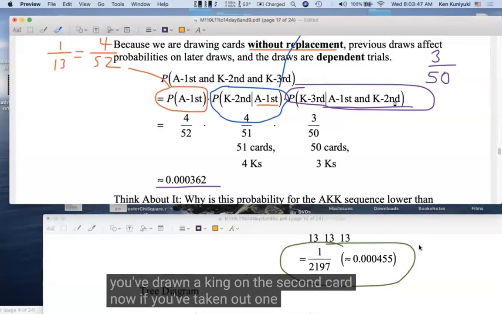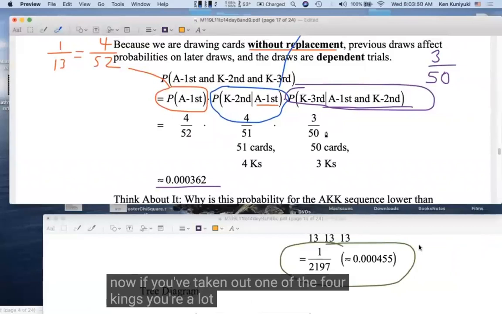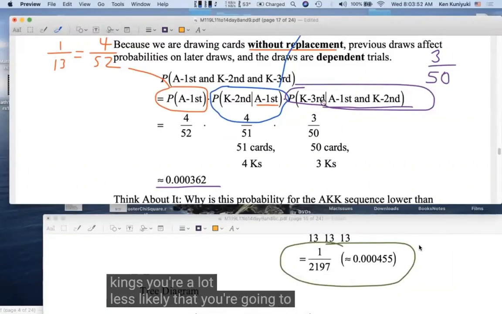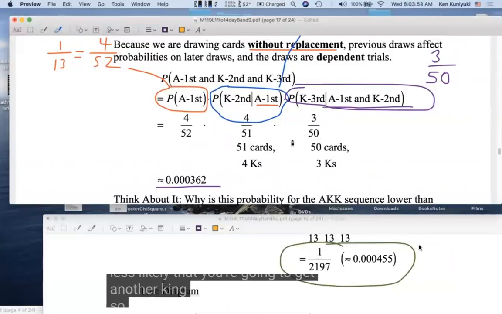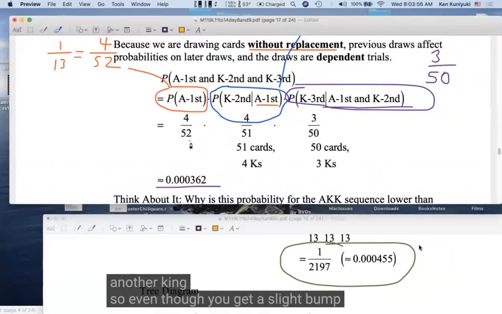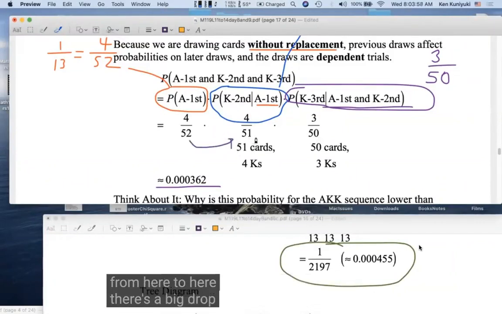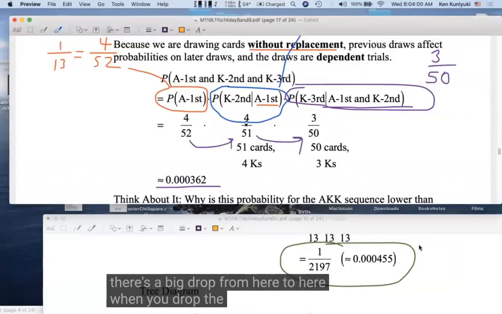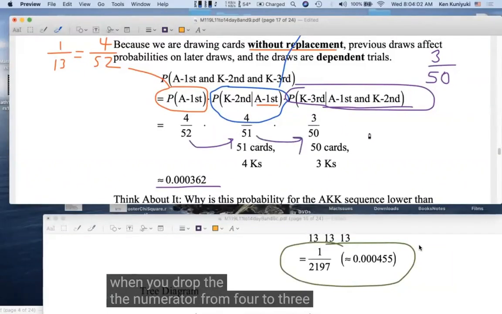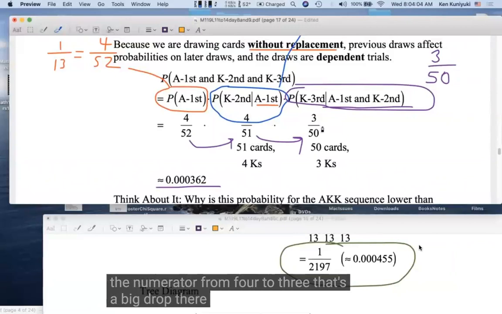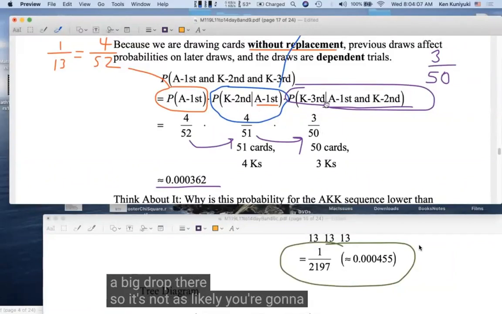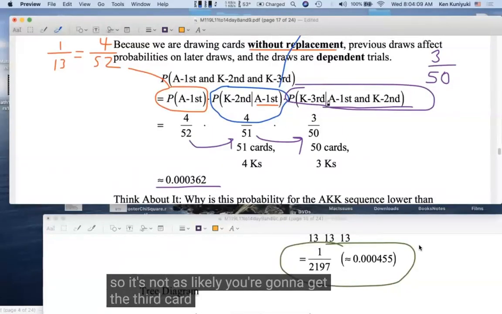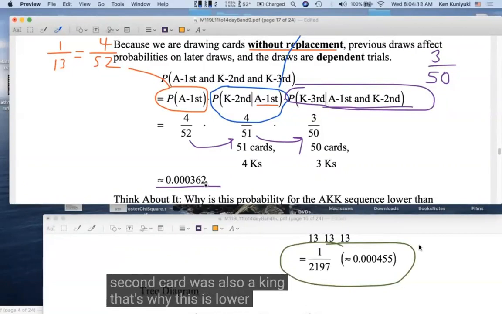Now, if you've taken out one of the 4 kings, you're a lot less likely to get another king. So even though you get a slight bump up from here to here, there's a big drop from here to here when you drop the numerator from 4 to 3. That's a big drop there. So it's not as likely you're going to get the third card to be a king if your second card was also a king. That's why this is lower, substantially so.